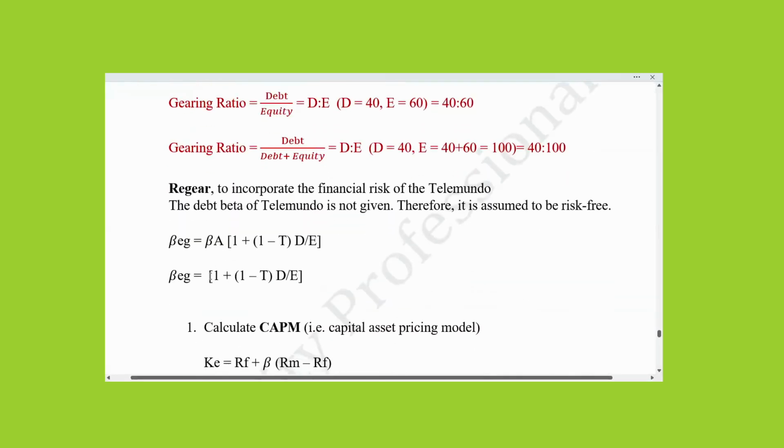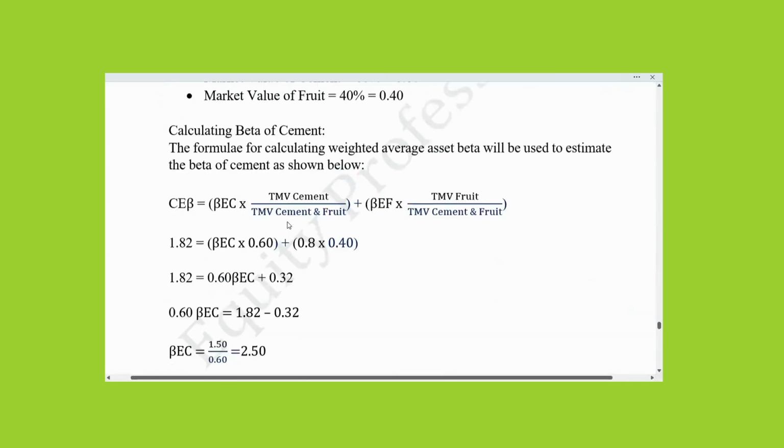So here will be 1.8 multiplied by 1 plus tax rate is 25%. Then you are supposed to account for 75%. I need debt equity proportion of Telemundo. I will go back to the question.